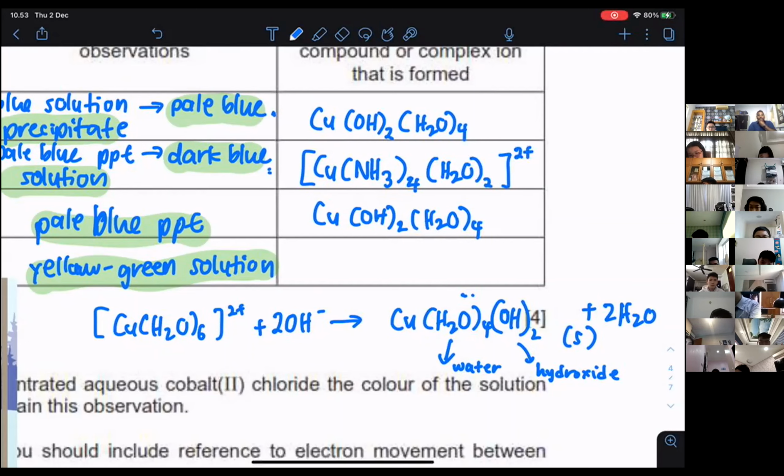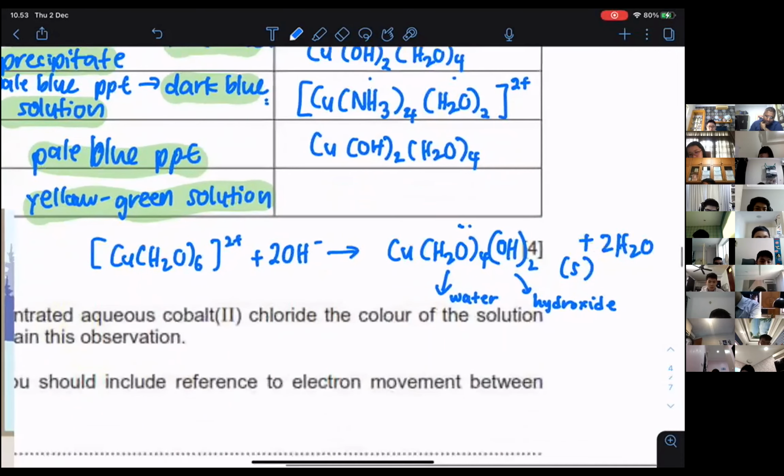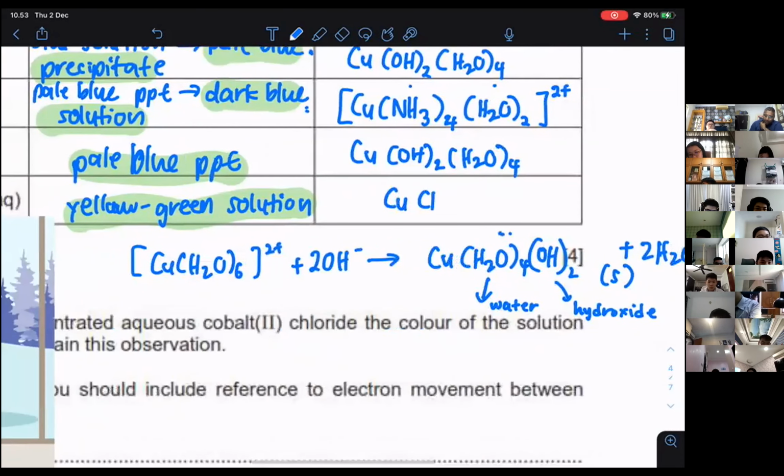So this is going to be the dark blue solution. And do remember how I write: this is ammonia, this is water. A comes first before water. And the yellow green solution is going to be CuCl4 2-, copper 2 plus and 4 chlorides, so 2 minus. So you put bracket minus.